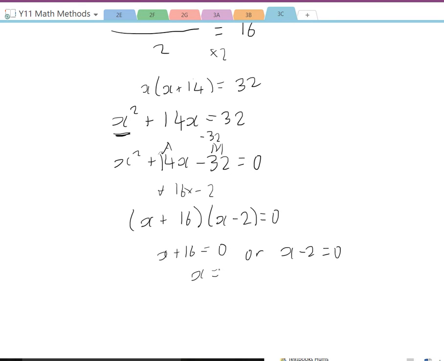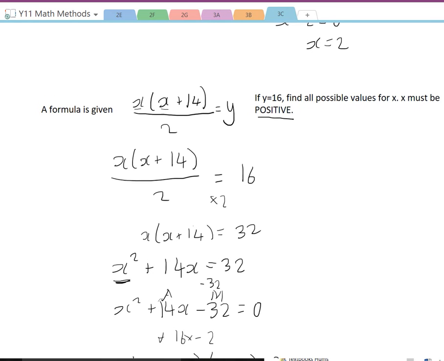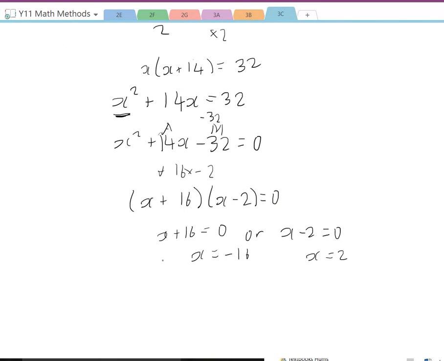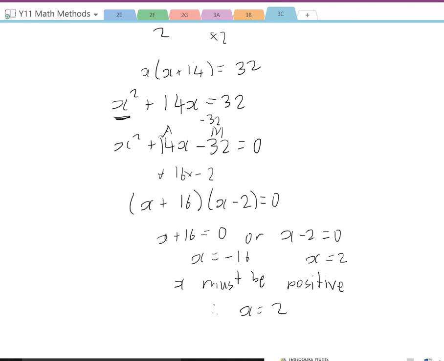So x could be equal to negative 16, or x could be equal to 2. However, going back up to the question, it says, find all possible values for x where x must be positive. So here, x must be positive. So that cancels out x is equal to negative 16. Therefore, x would equal 2 for this equation to hold.